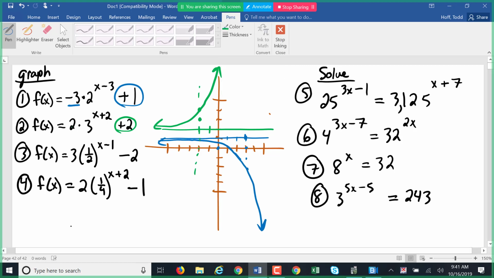Number 3, since this value in here, this little a value, is between 0 and 1, that means the curve goes the opposite direction, like this. Now the -2 means the horizontal asymptote, instead of being at y equals 0 at the x-axis, is going to be at y equals -2.